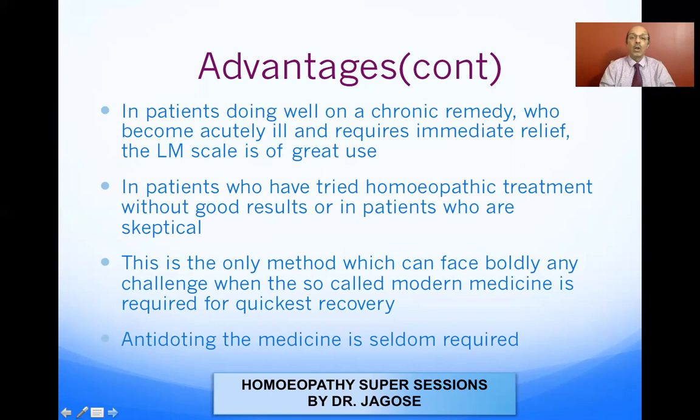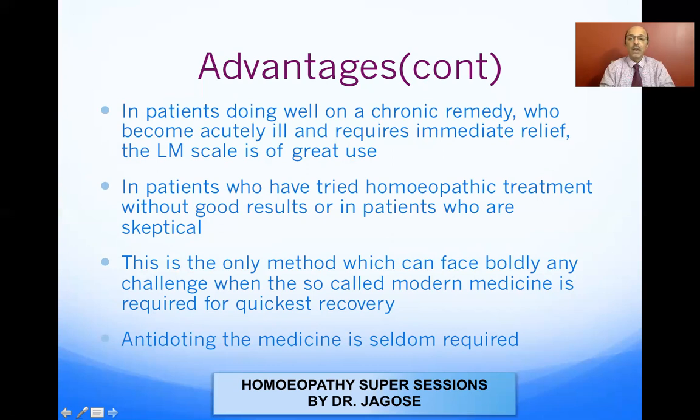So basically, if you are using, say, a centesimal scale of potency, and suddenly the patient becomes acutely ill, and you want to get immediate relief, since the dilution ratio of LM is 1:50,000, it is more dynamic, it is more powerful in action. So you can use, in such instances, the LM potency and cover up the gap.